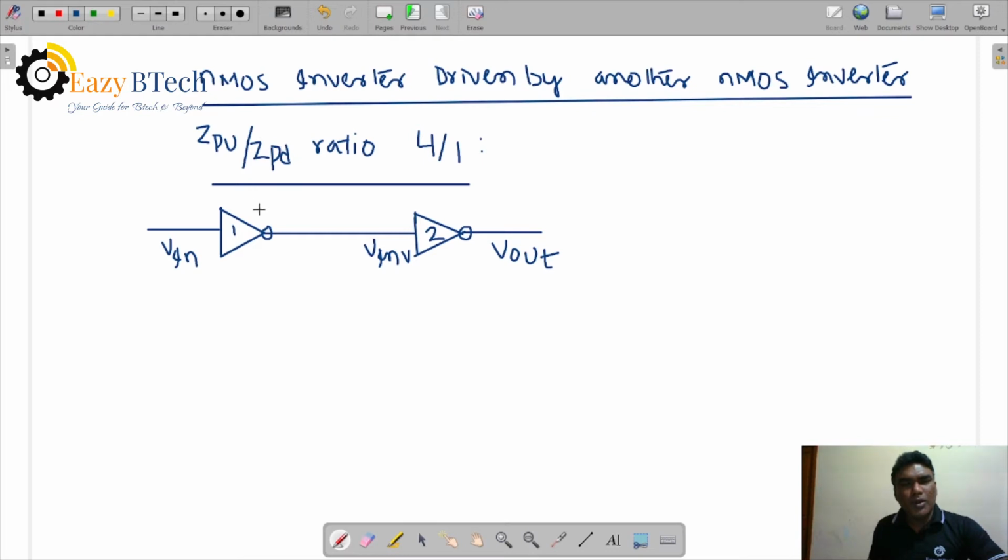W is the width of the polysilicon. So with these parameters, the first inverter pull up pull down ratio should be maintained at 4 by 1, and 1 by 1. So in order to drive this second inverter, the jet pull up pull down ratio of the first inverter should be maintained at 4 by 1.